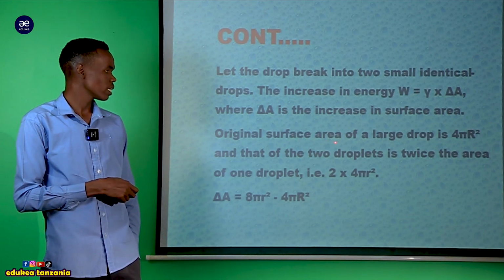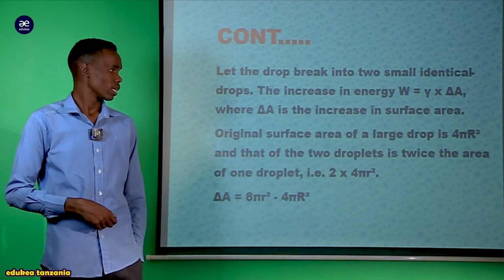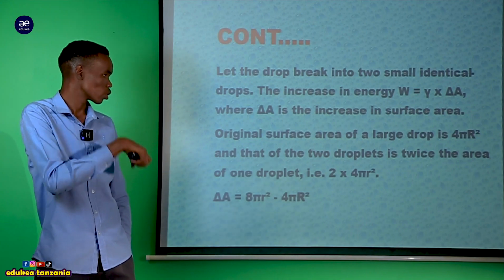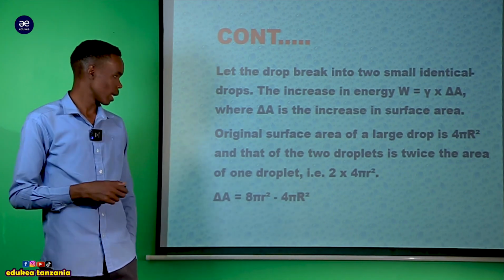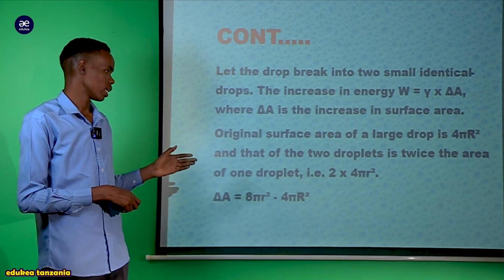So the original surface area of a larger drop is 4 pi r square. Therefore it will be equal to 4 pi r square. Kwa huyu surface area wa mwanzoni sasa atakuwa ni sawa na 4 pi r square. And that of the two drops is twice the area.